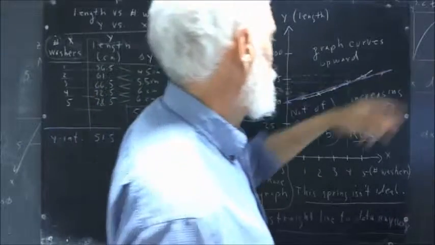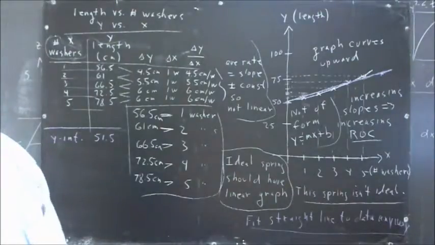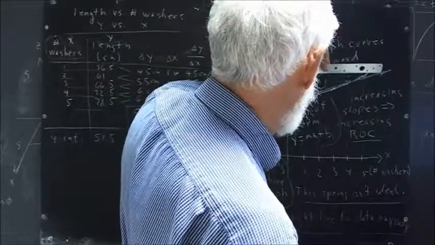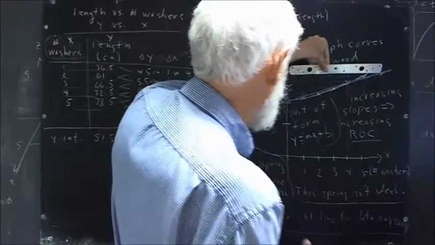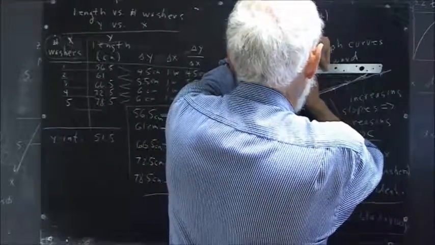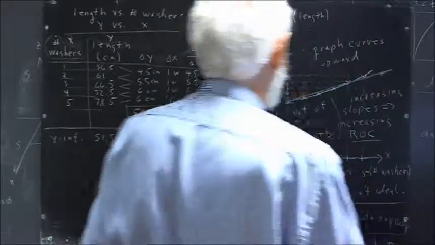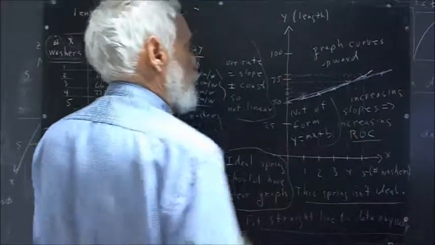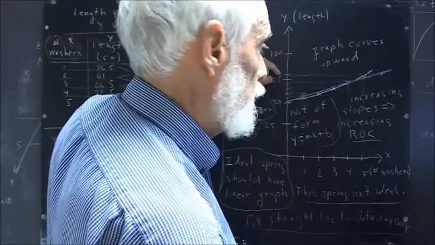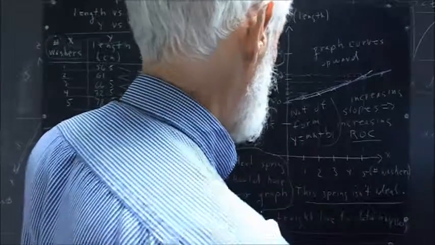Okay, now what's the slope of this line? Well, to get the slope, we need a rise and a run. And we're going to get the most accurate result if we use the 2 points that are furthest apart on this line. So if this is horizontal here, we can see that this graph has a rise from 50 to what looks like about 80, or 51 to 81 or whatever.